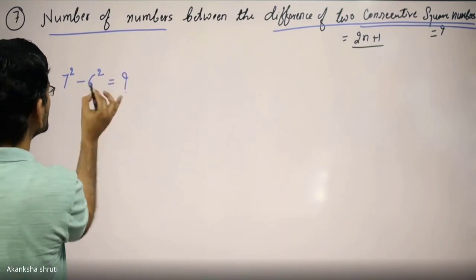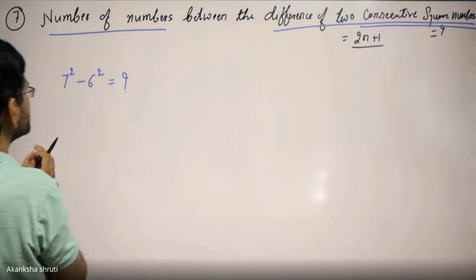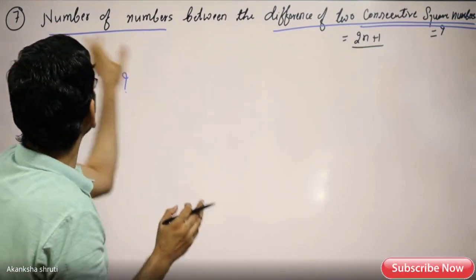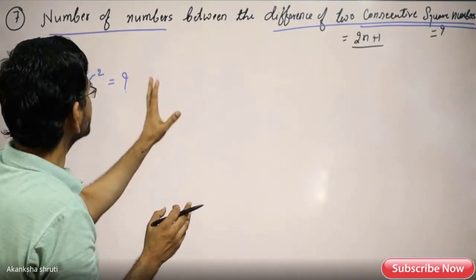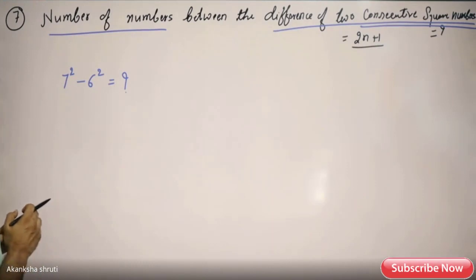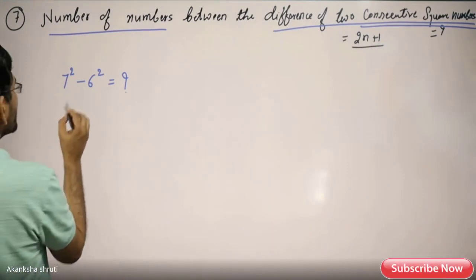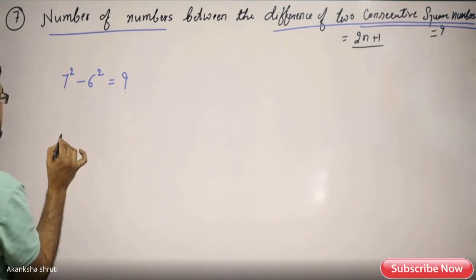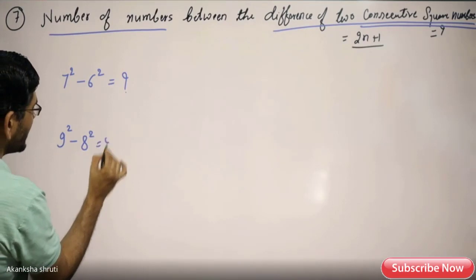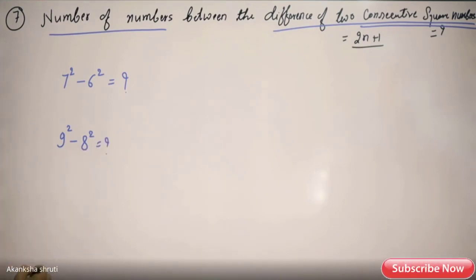Between these two numbers, how many digits or natural numbers are lying? The other we may take, say 9 square minus 8 square. How many numbers are between this?